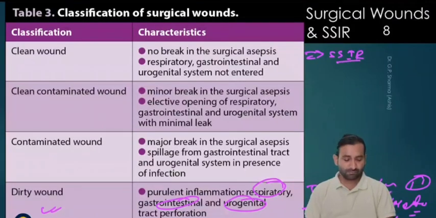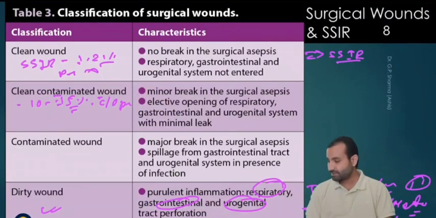And some points I missed over here to explain: what is the SSI rate? Clean wound, let's mention over here, SSI rate is 1 to 2%, right? So prophylaxis, no need. Clean contaminated wound, we have the SSI rate of about 10 to 15%, that is without prophylaxis, right? But if we give the prophylaxis, this SSI rate becomes less than 10%.